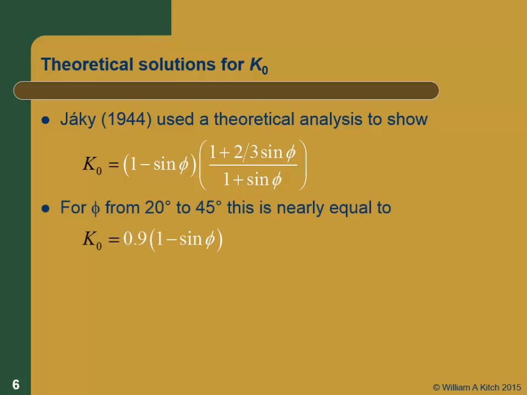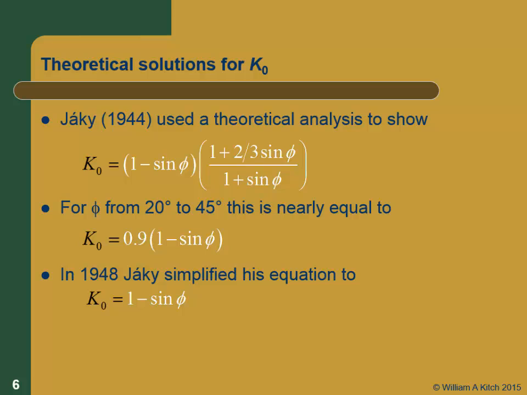For values of phi between 20 and 45, which covers most soils under drained conditions, this is very nearly equal to 0.9 times 1 minus sine phi, which Jaky noted in his paper. In 1948, he simplified his equation to simply 1 minus sine phi, and it's in a separate paper published.